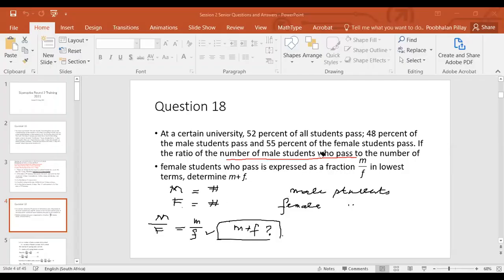So to use this information, let's just take this out for the moment. Okay, so 48% of all male students pass.